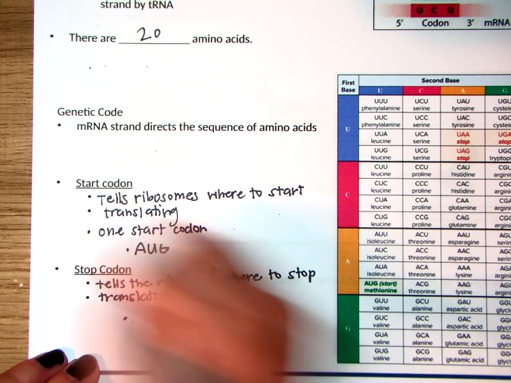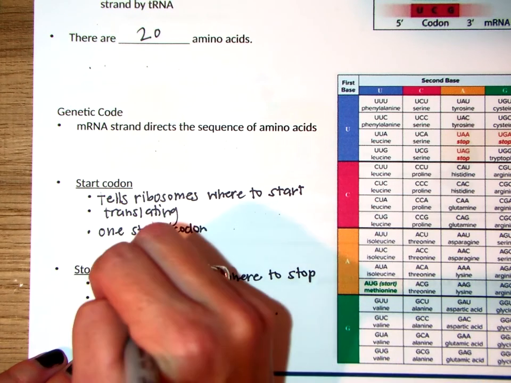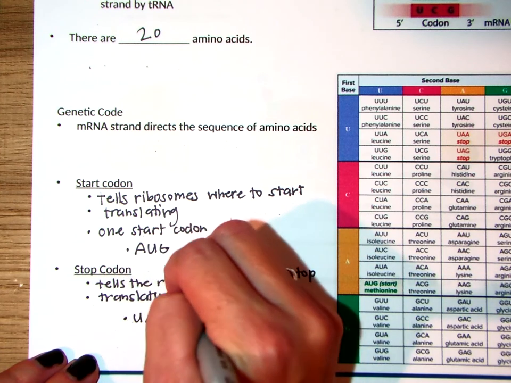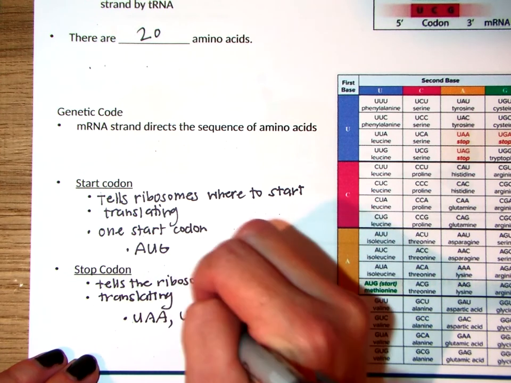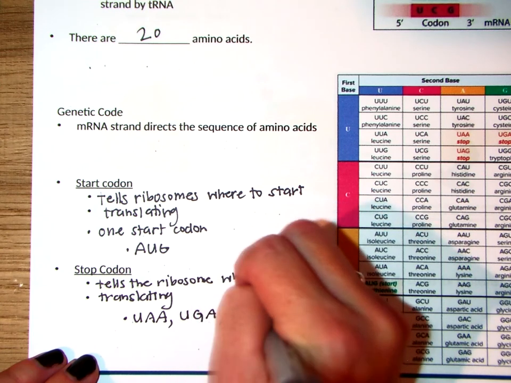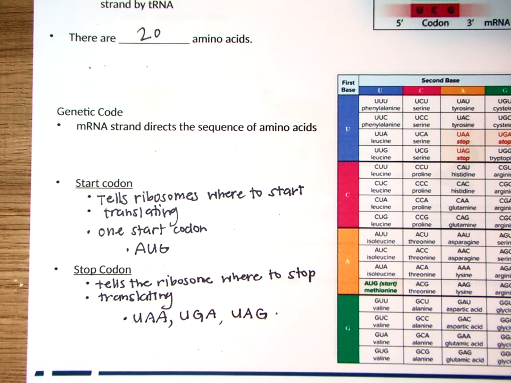And there are 3 stop codons, UAA, UGA, and UAG. You don't need to memorize those, just know that there are start codons that tell the ribosomes where to start adding amino acids, and there are stop codons that tell them where to stop.